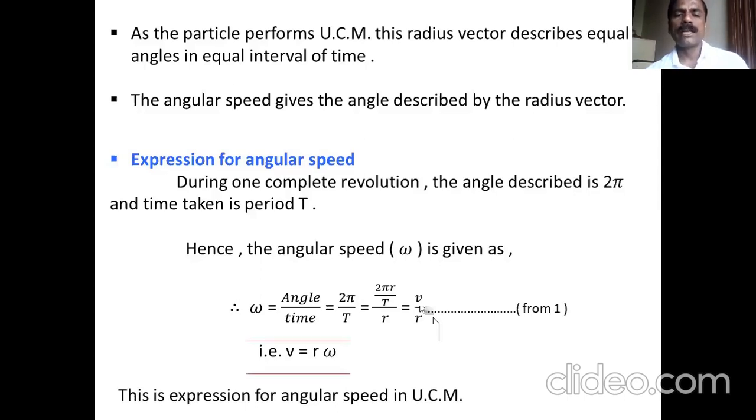You should remember this equation, omega = v/r, where v is the linear velocity, r is the radius, and omega is the angular speed.